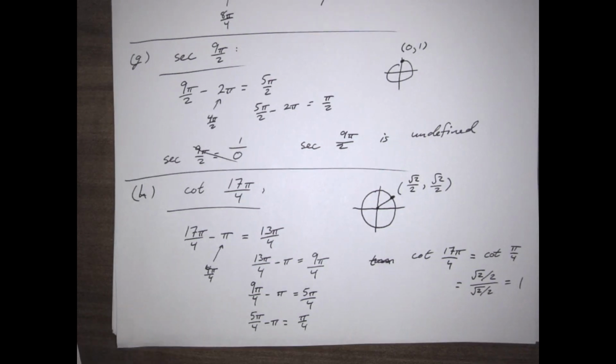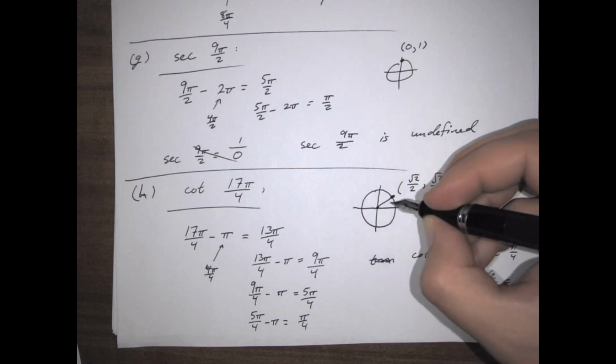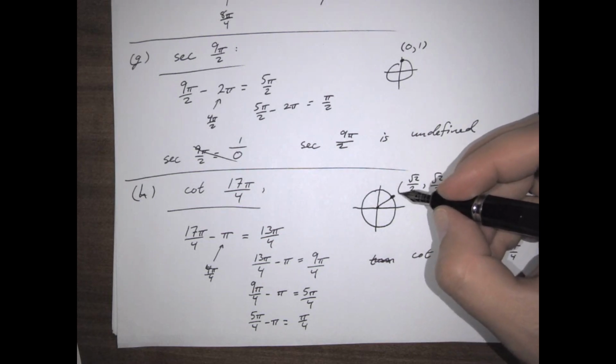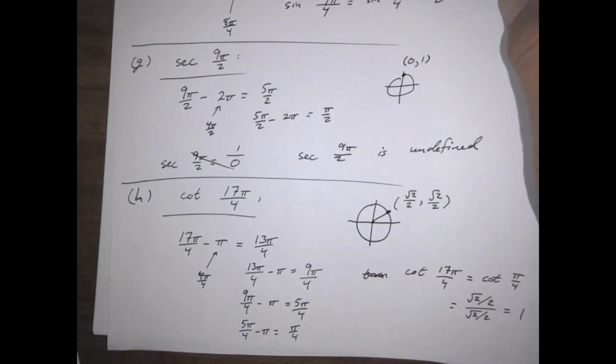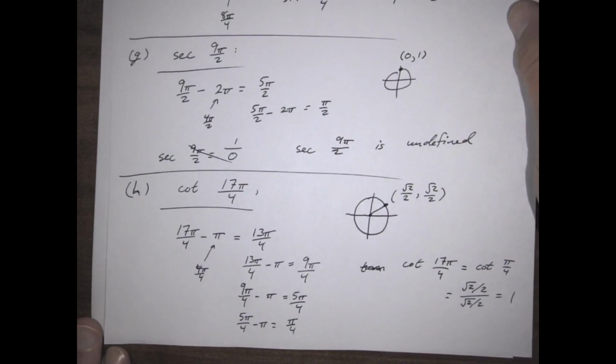Anything divided by itself, as long as it's not 0, just equals 1. And again, what we're talking about is the x over the y in the case of cotangent, which here the x and the y are the same. So you're dividing something into itself in the same way.